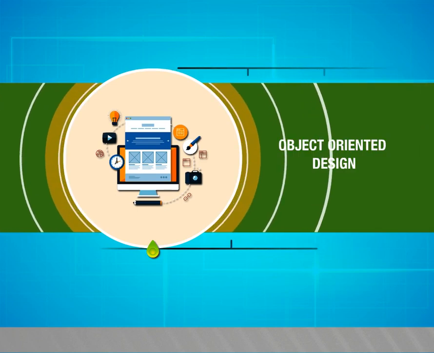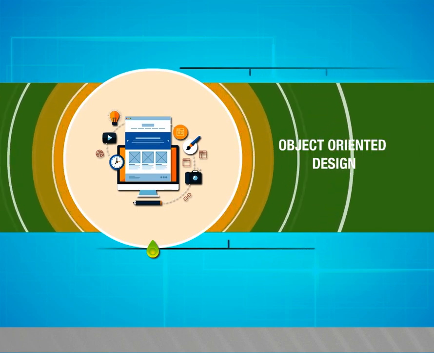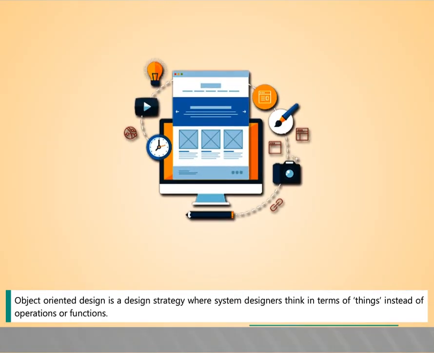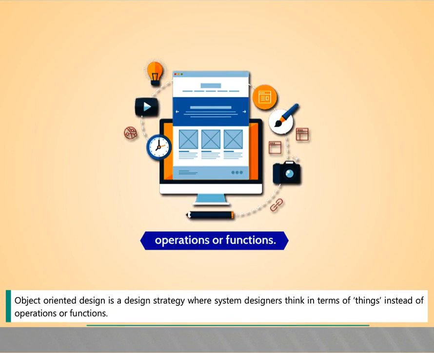Object-oriented design. In this video, we are going to see about object-oriented design. Object-oriented design is a design strategy where system designers think in terms of things instead of operations or functions.